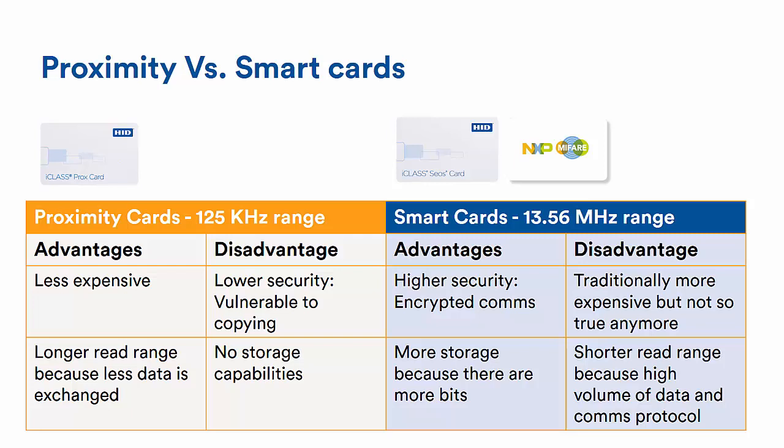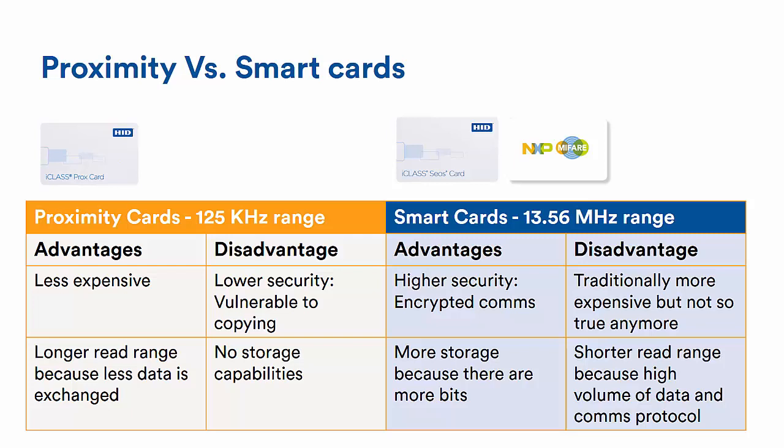It also has a longer read range because less data is exchanged on the 125 kilohertz range. However, the disadvantage of this technology is that it provides lower security capabilities because the range can't support encryption, making it vulnerable to copying. Additionally, there's no storage capability, so that card couldn't be used for other applications like, say, cashless vending or biometrics and so on.